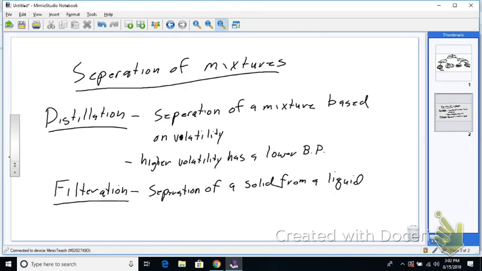You'll have some filter paper, and what happens is the filter paper will catch the solid but let the liquid go through, because the liquid's particles are too small, and they'll just pass right through.